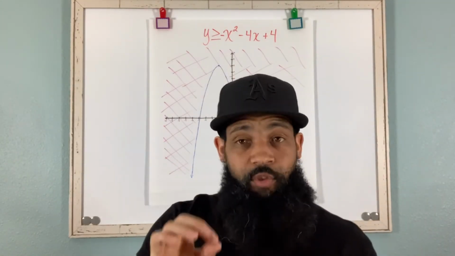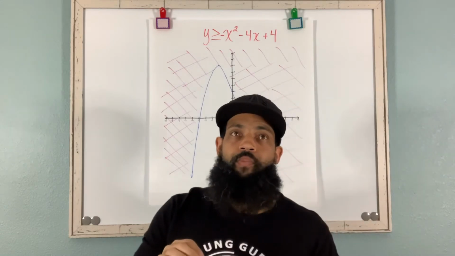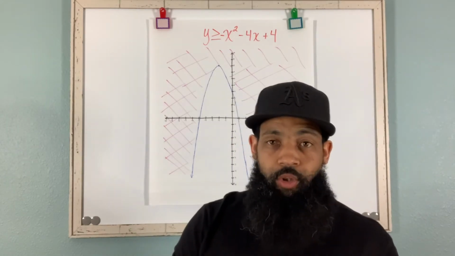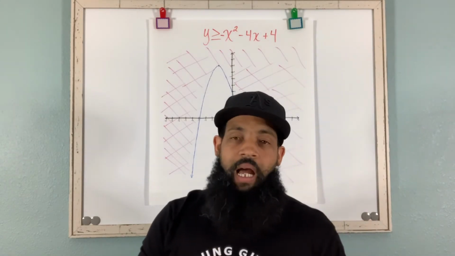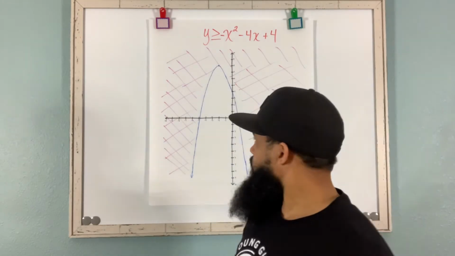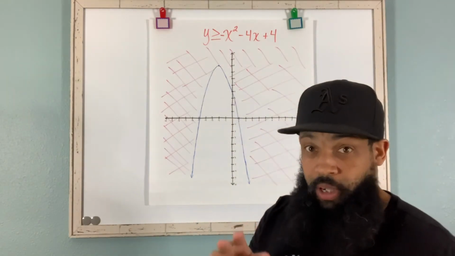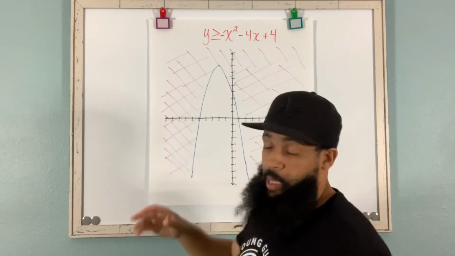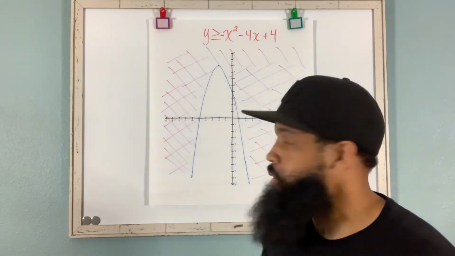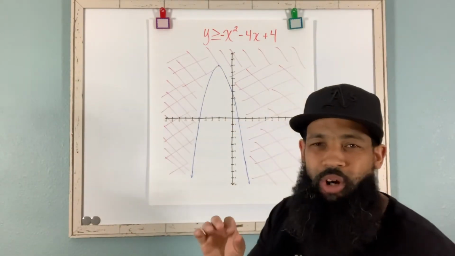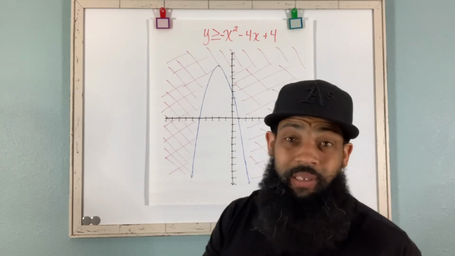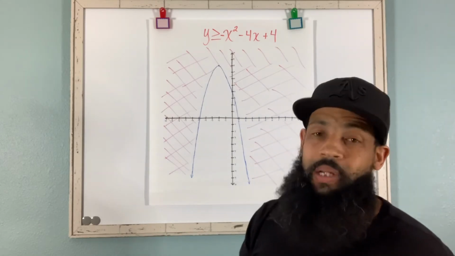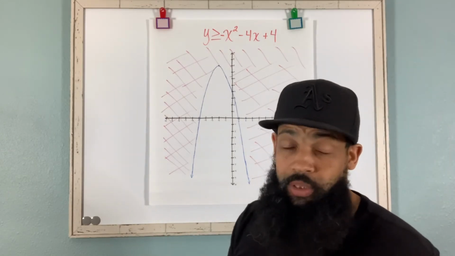And anytime you are in question as to whether or not you shaded properly, I'll choose an arbitrary point. When you choose an arbitrary point, use simple points like 1, 1, 0, 0. My rule of thumb is 0, 0.